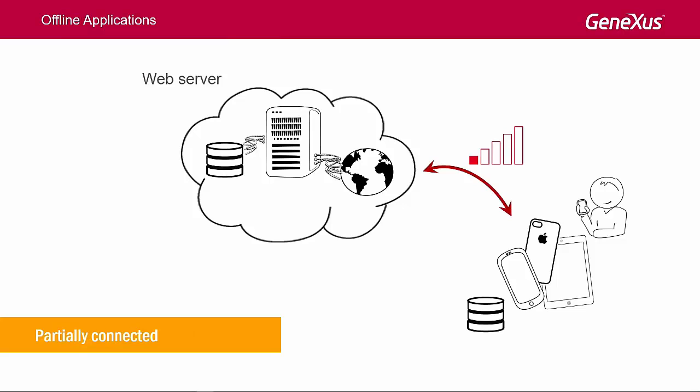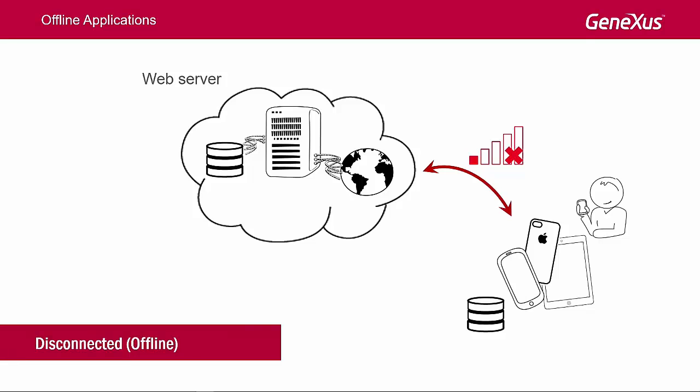Now let's see the case of partially connected applications. It may happen that part of the application keeps running when it's disconnected from the internet, while the other part must stay connected in order to work. It may even happen that we're not interested in running the app synchronization because we want to be completely independent from the data on the server.